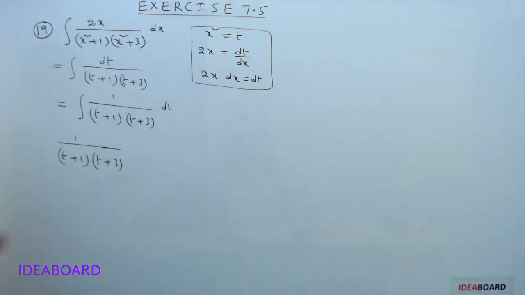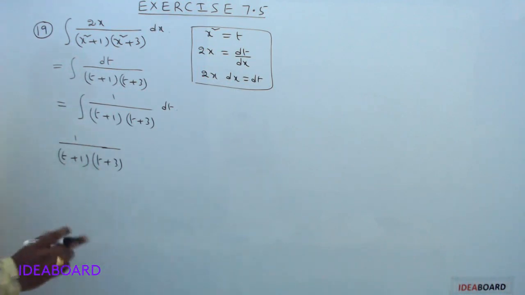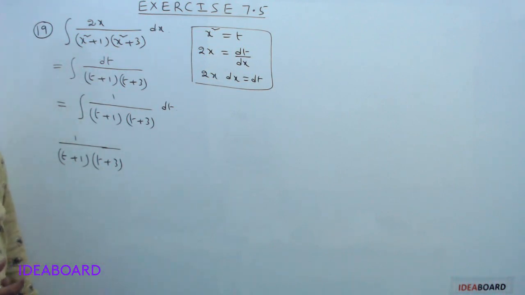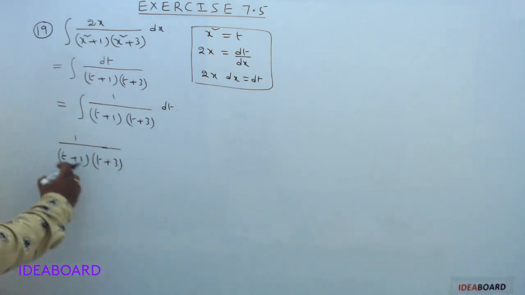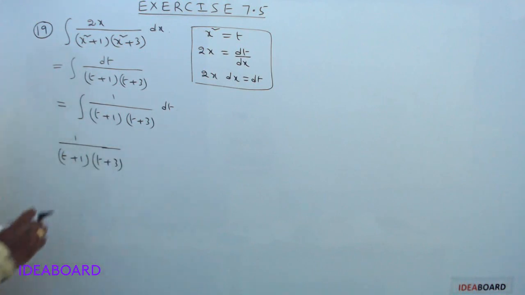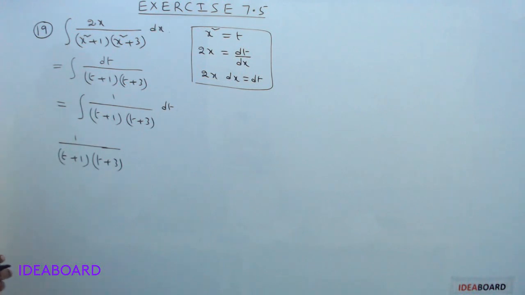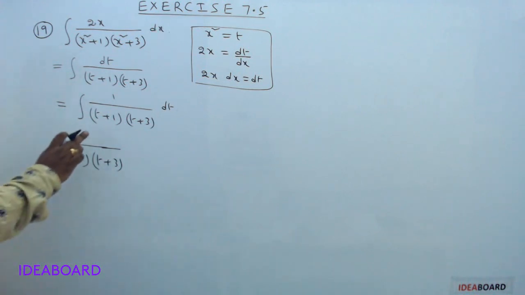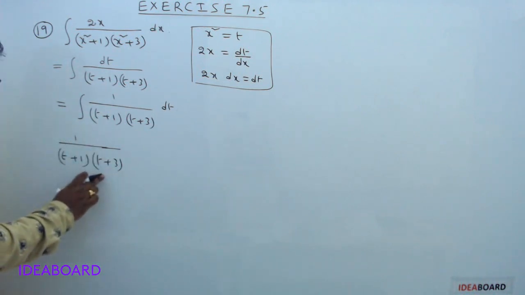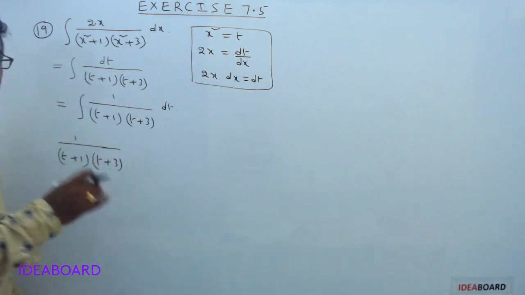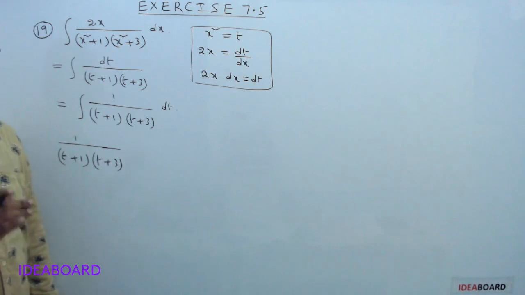So degree of numerator will be 0. By multiplying these two factors, you are getting a second degree expression in terms of t. It means degree of denominator will be 2. Degree of numerator 0, degree of denominator 2. Clearly, degree of numerator is less than degree of denominator. So it is a proper fraction.